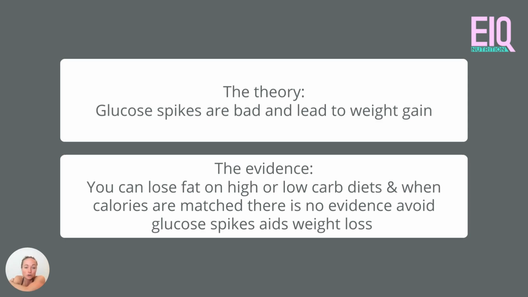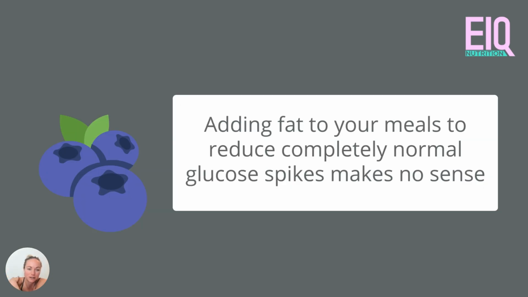And if you do, you will do stupid things like avoid eating fruit, or, as has been portrayed a fair bit by some popular people on Instagram recently, adding a lot of fat to carb intake so that it will reduce your glucose spike, but then you've added a ton of calories to it, right?